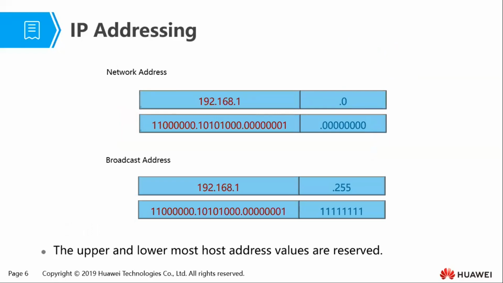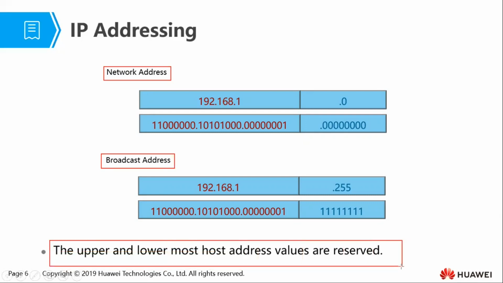Okay, so here we have two special addresses that are never really used to assign to end systems. You cannot assign a network address to a host. You also cannot assign a broadcast address to a host. So what are they saying?